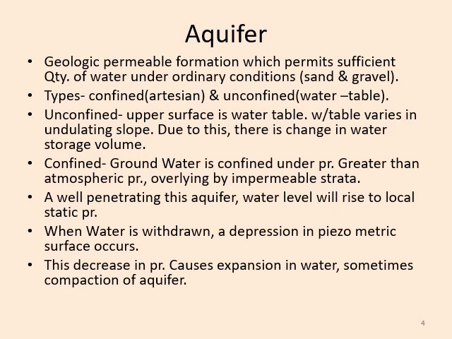In the case of a confined aquifer, the top and the bottom of the aquifer layer are confined by impermeable strata like rock or heavy boulder or gravel, and in between, the void spaces are filled with groundwater.